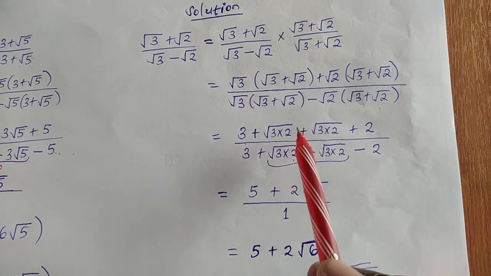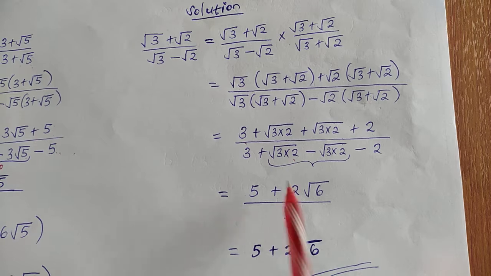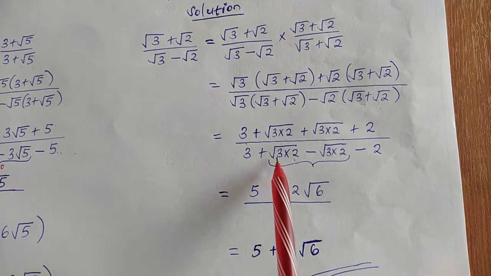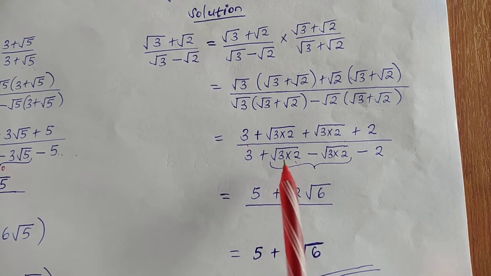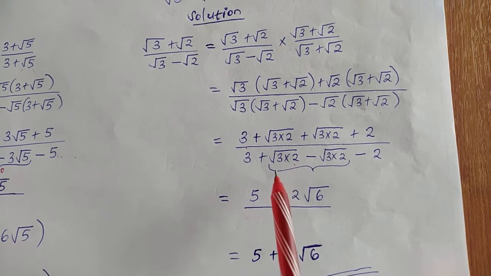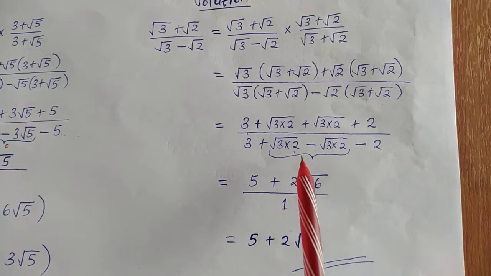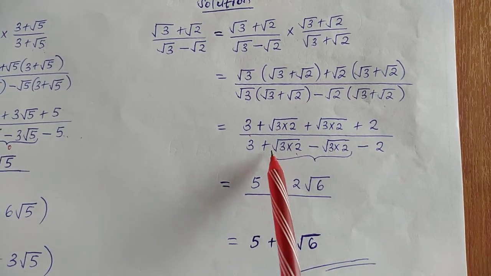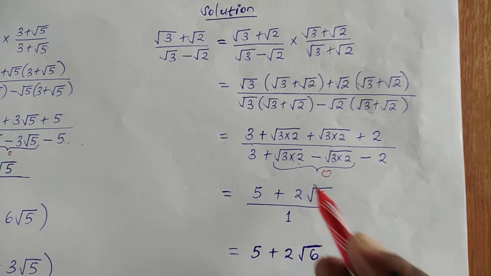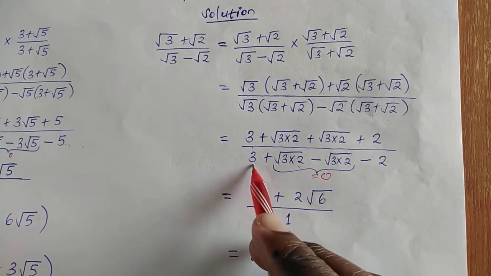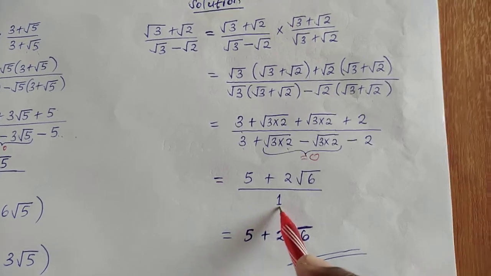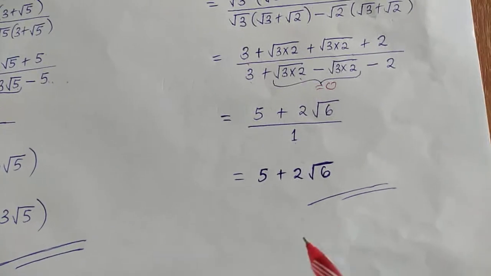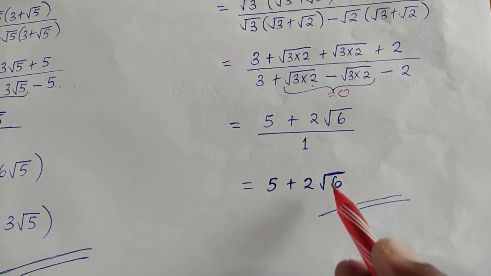But 1 root 6 plus 1 root 6 gives us 2 root 6 over root 3 multiplied by 2 minus the root of 3 multiplied by 2, which cancels out. It's equivalent to 0, so that we're left with 3 minus 2, which is 1. 5 plus 2 root 6 over 1 is just the same as 5 plus 2 root 6.